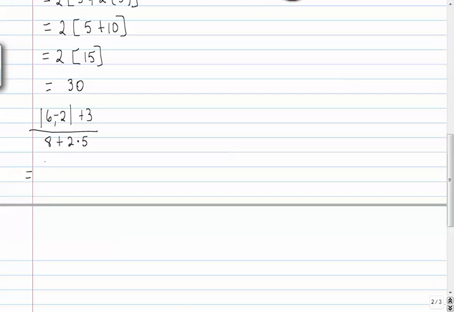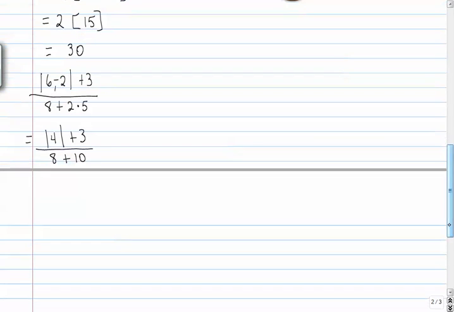Okay. So that's the absolute value of 4 plus 3 over, and since we're working the bottom separately, we can go ahead and start working that. All right, you know you would do your multiplication first, so that's 8 plus 10. Okay, now in the numerator, you need to work out that absolute value.